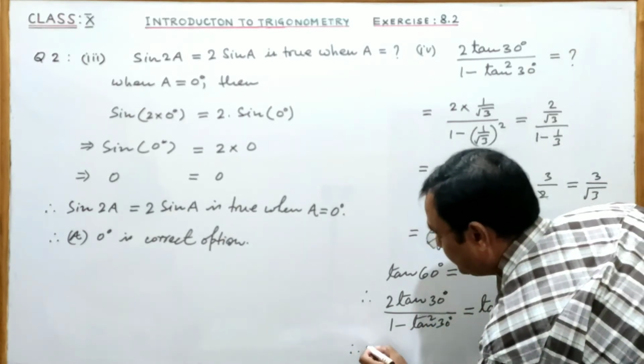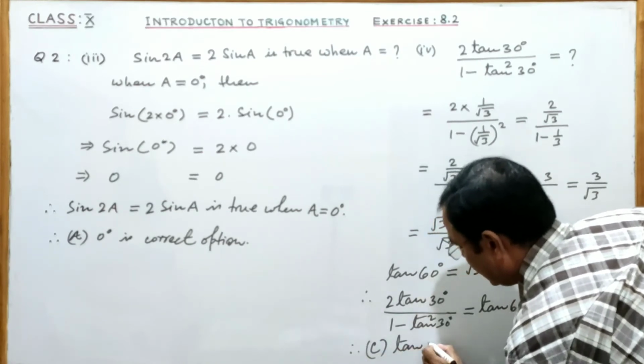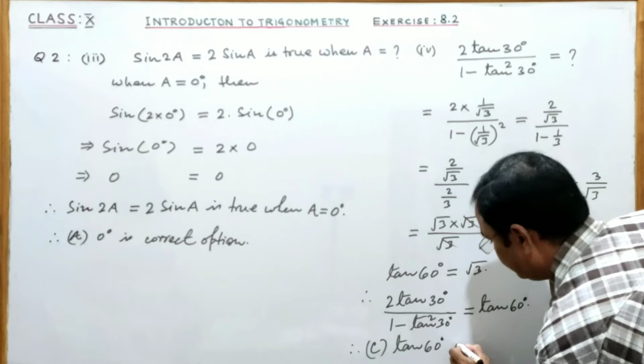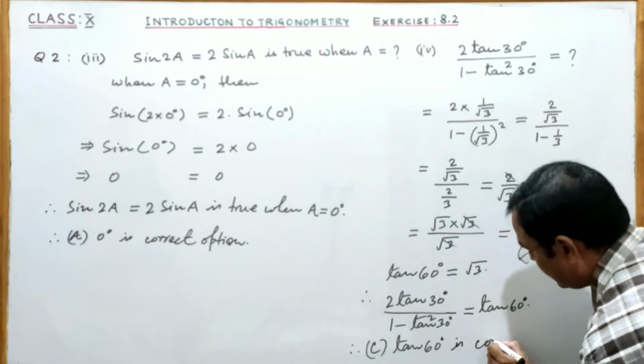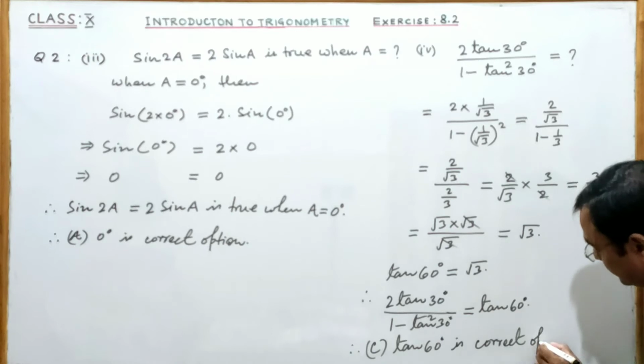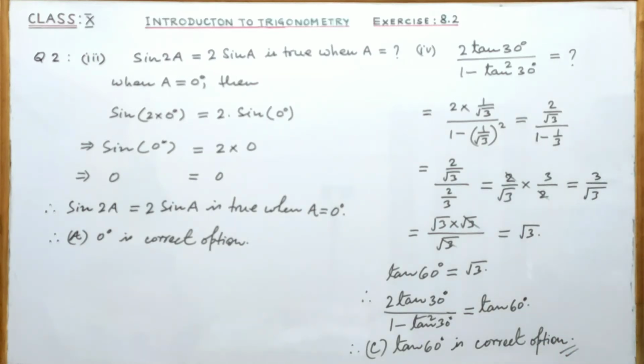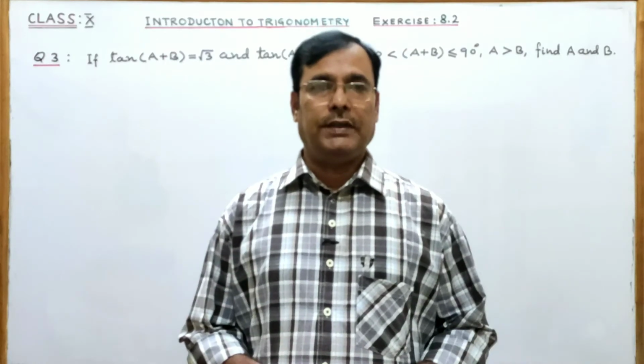And so option C, tan 60 degrees, is the correct option for this fourth part.